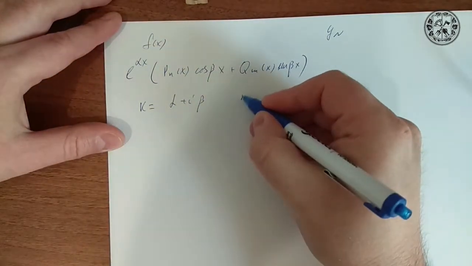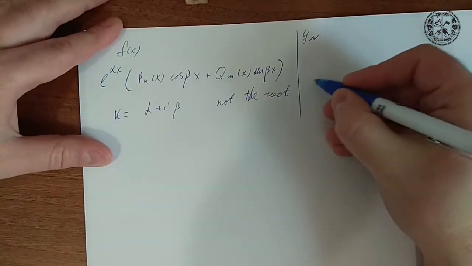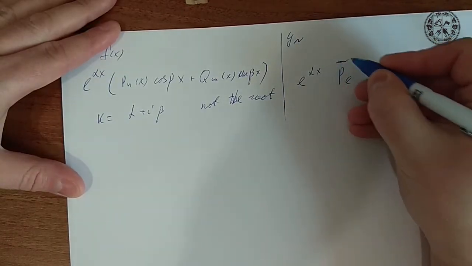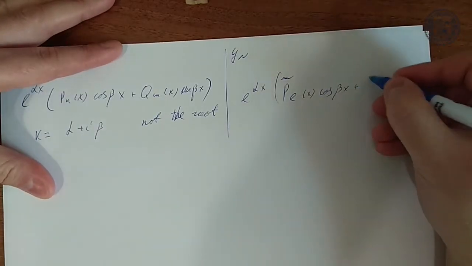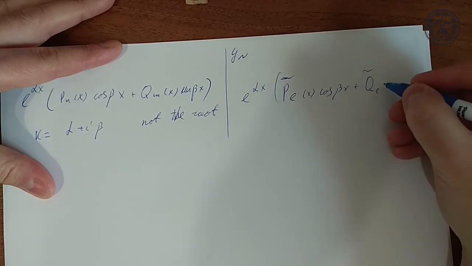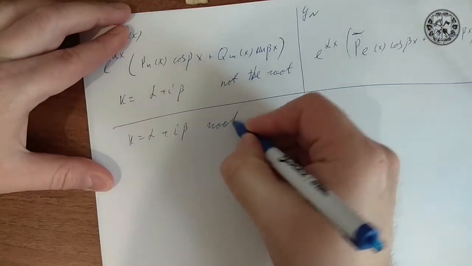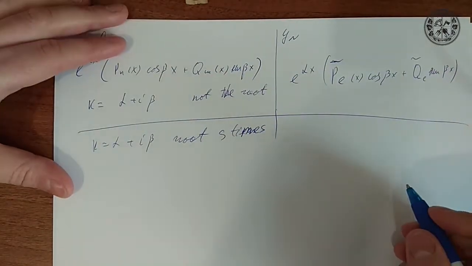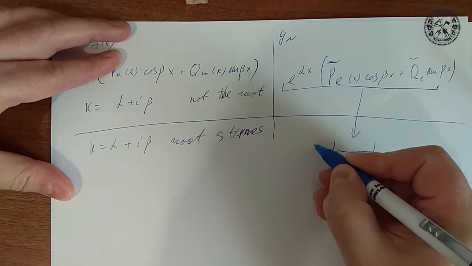If it's not the root, then yn will be e power alpha x pl with wave of x cosinus beta x plus ql with wave sinus beta x. And if k equals alpha plus i beta is a root s times, then same as here, it will be multiplied by x power s.